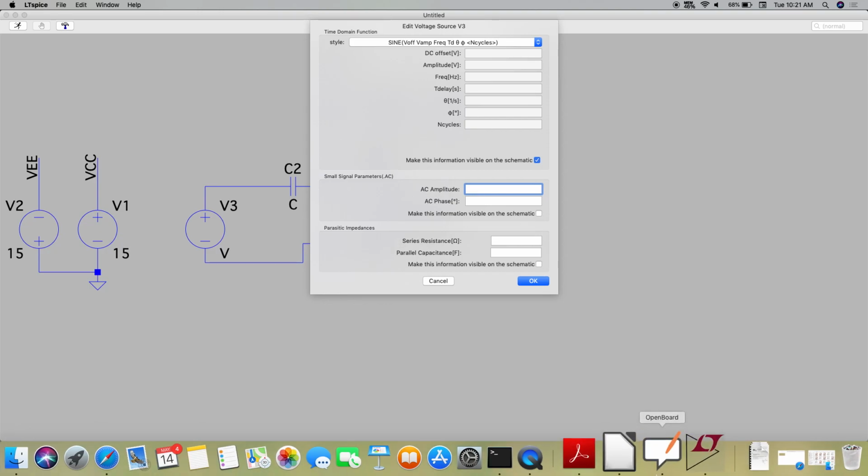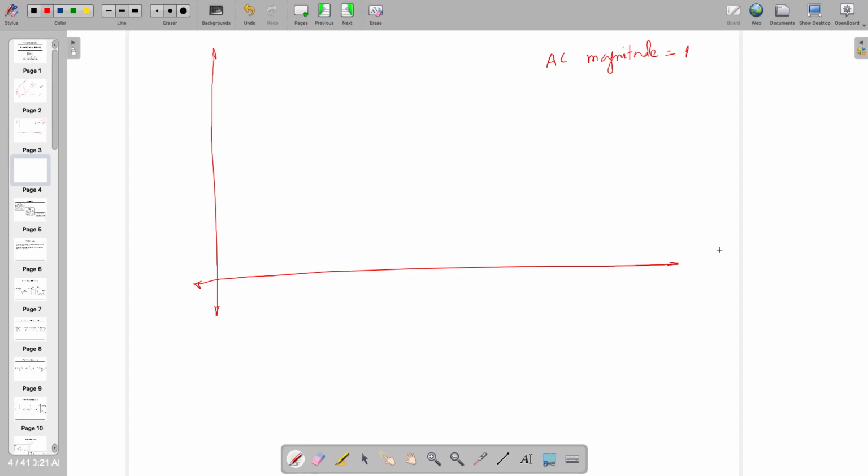If you are writing AC magnitude equal to 1, that means for all the frequencies, even from minus infinity to plus infinity, it's equal to 1. This is the meaning of AC magnitude equal to 1. For all the frequency, it's 1.